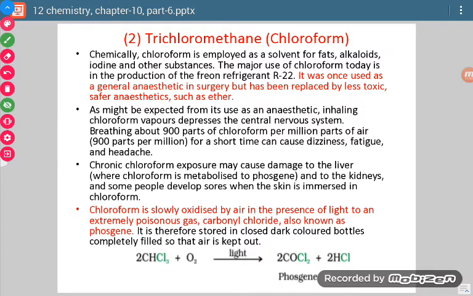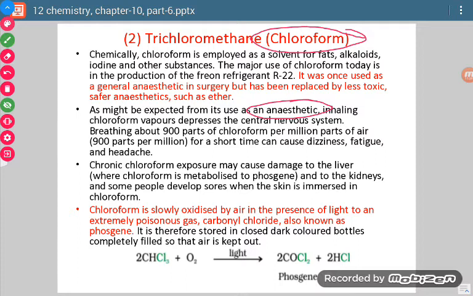Now the next thing is chloroform. It is a very good solvent. Previously it was used as an anesthetic, but it was harmful, so now other substances which are less harmful to human tissues are used.